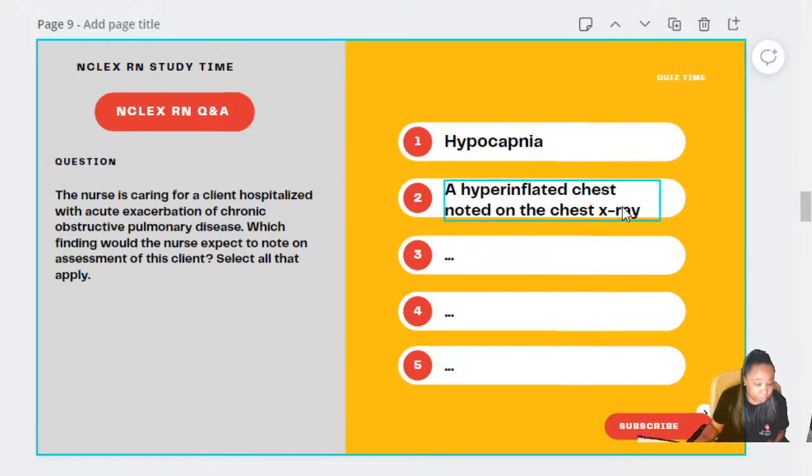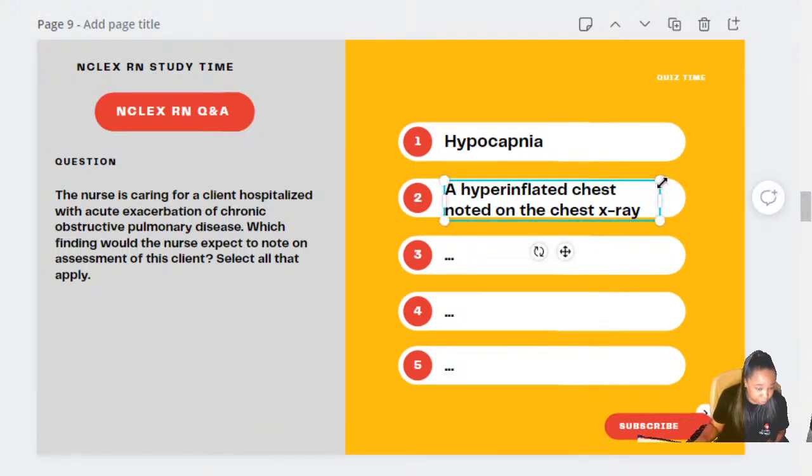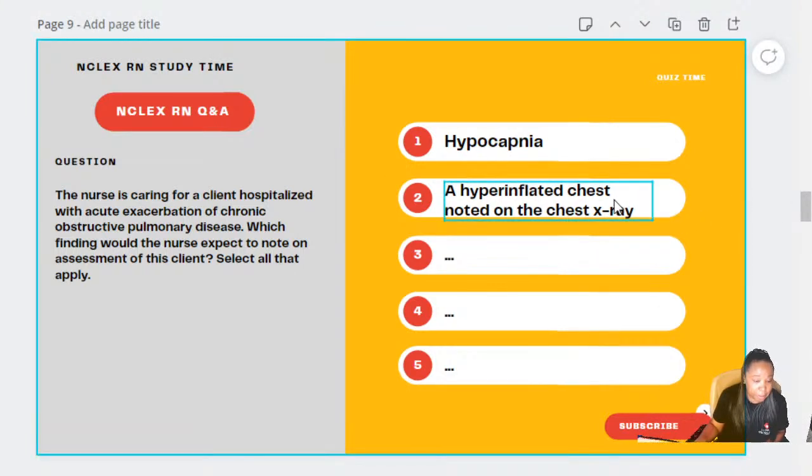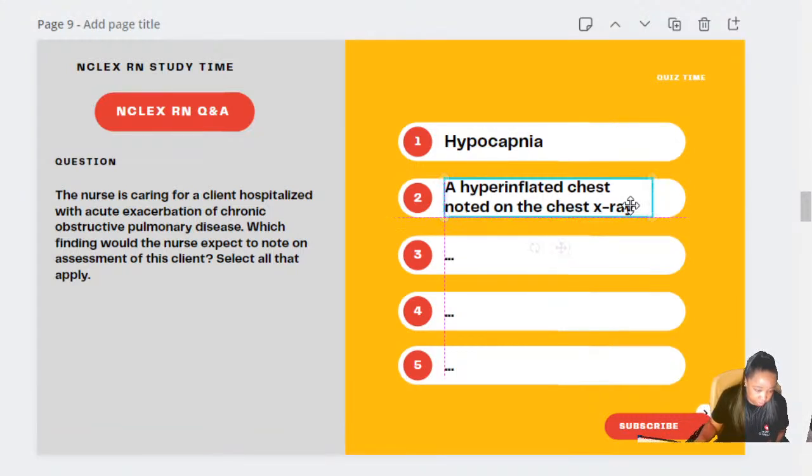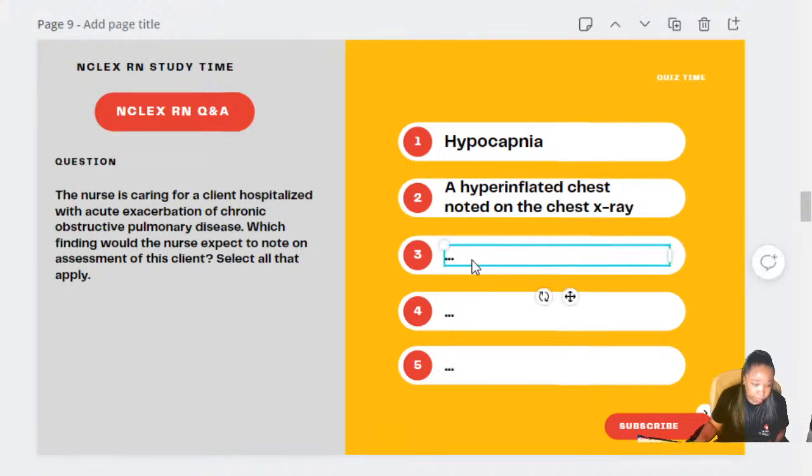And I told you about the patient with COPD. So this is what happened. A patient that has COPD, because of the way they are forced to breathe, that changed the posture, the way the chest looks. So this can be one of the answers. Okay, so let's go for the next answer.